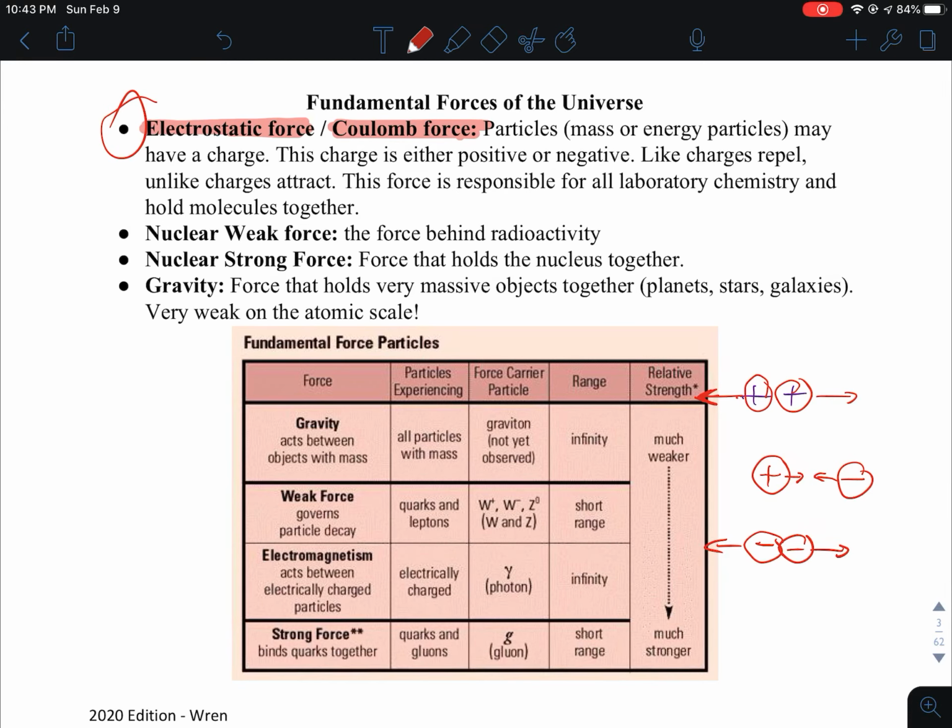The electromagnetic force, or electrostatic interaction, is proportional to the magnitude of the two charges divided by their distance, r squared.